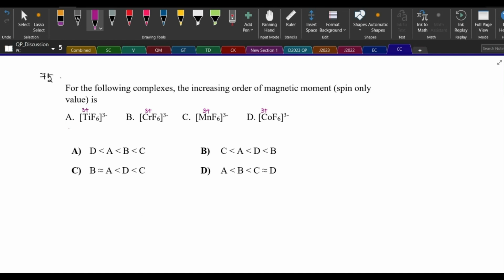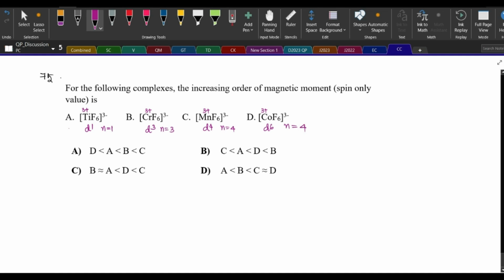Titanium 3+ is d1, chromium 3+ is d3, manganese 3+ is d4, cobalt 3+ is d6. How many unpaired electrons? d1, you have only 1 unpaired electron. Chromium, 3 unpaired electrons. Manganese, 4 unpaired electrons. Cobalt, 4 unpaired electrons.